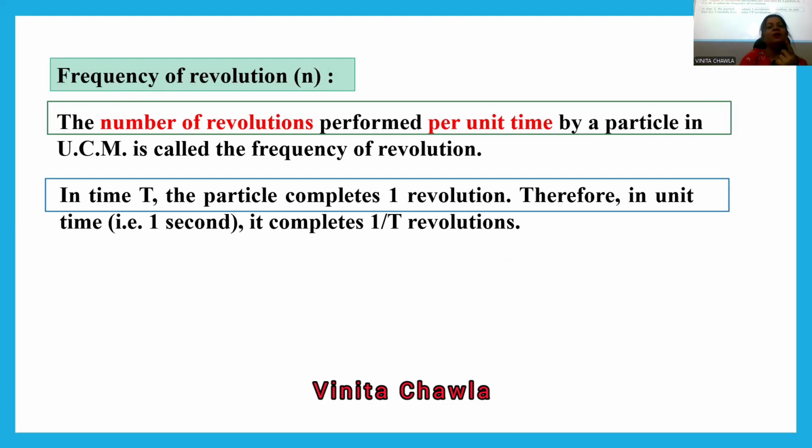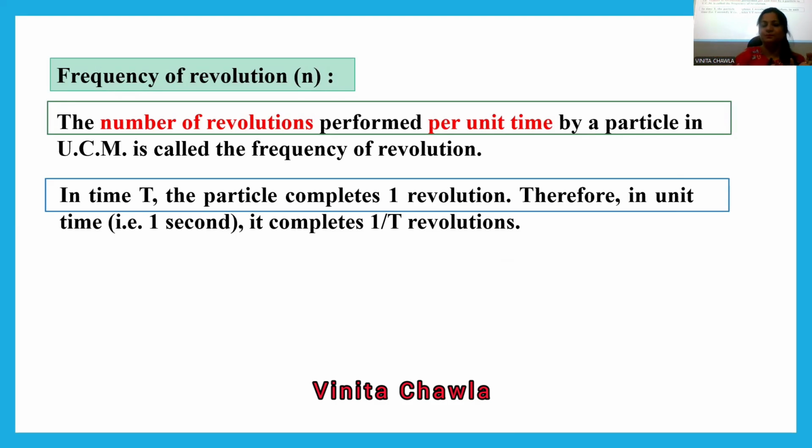Time taken to complete one revolution is time period, right? So in unit time, it will complete 1 by T revolutions. T में एक revolution हुआ, तो unit time में कितने revolutions हुए?